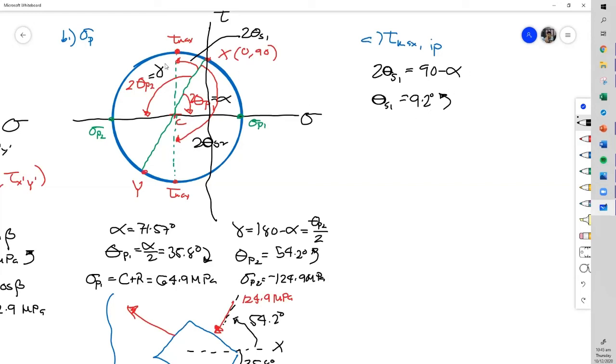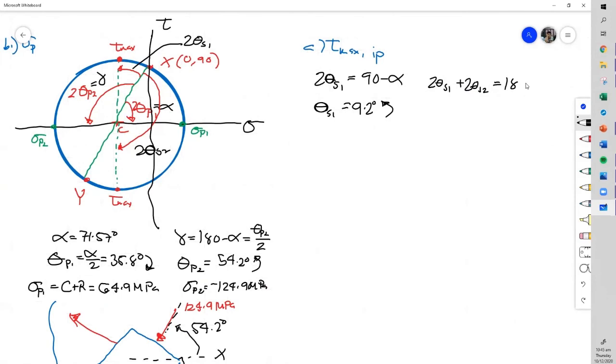So, para lang malinis, sige, gawin natin 2 theta S1 plus 2 theta S2 equals 180. Yan. So, therefore, theta S2 equals 90 minus this, that's 80.8. Na pag ganito naman. Okay?